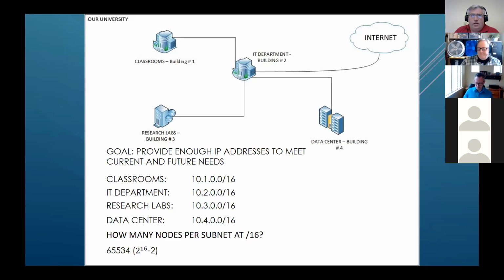With the advent of VLANs, it took the physical layer and basically abstracted it a bit, to where you didn't have to have a physical device physically separating networks. We like to look at diagrams, and it makes it easier to make sense of things.